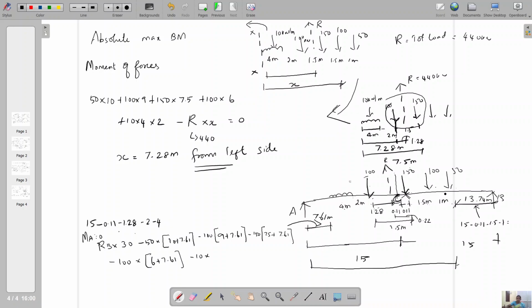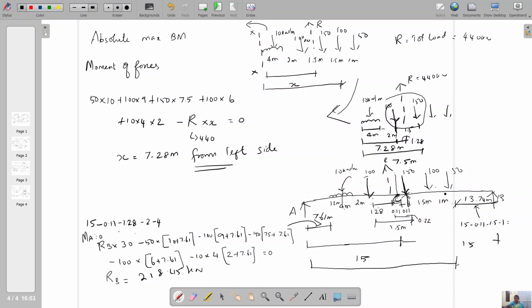Minus 10 into 4, since the load is 10 kilonewton per meter, the center distance of the load is 2 meter and the edge distance is 7.61, so 2 plus 7.61, equal to 0. We calculate the RB value. I got the answer: RB is equal to 218.45 kilonewton. So we proceed with the RB side.